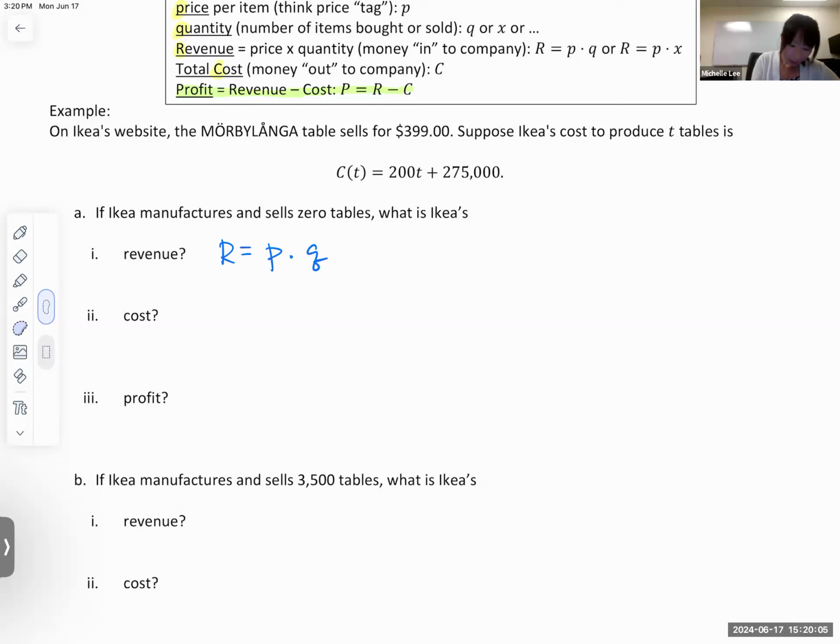So then we have $399, and quantity is 0. So times 0, which is 0, right?